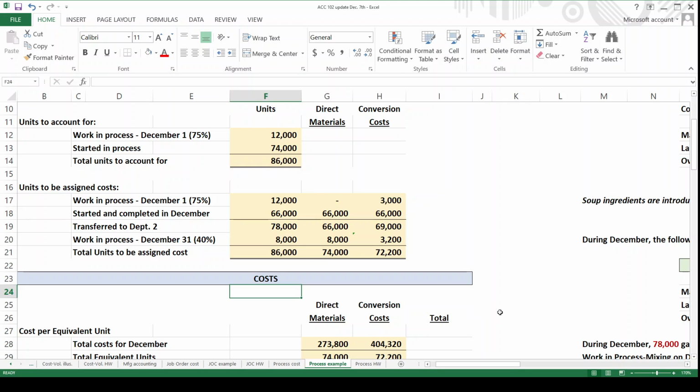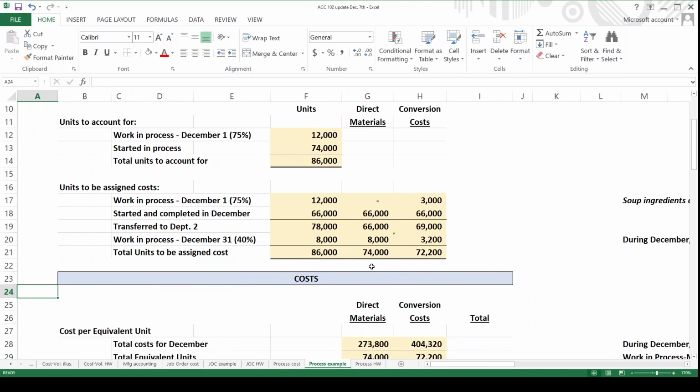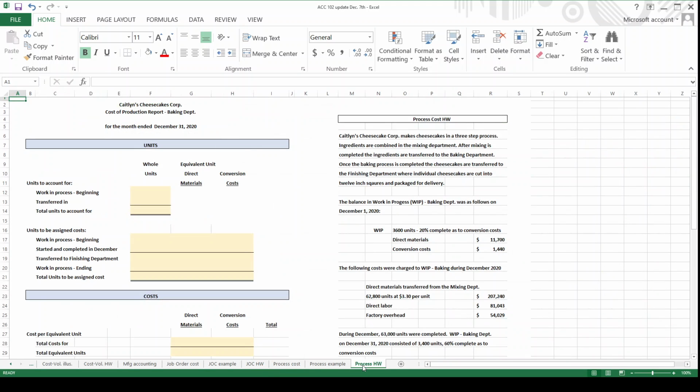That's how it works. So what I'm going to do is send this off to you in an update, and what we're going to do for comprehensive assignment number 3 is I'm just going to make that the job order cost homework, this one here, the process homework, along with what?